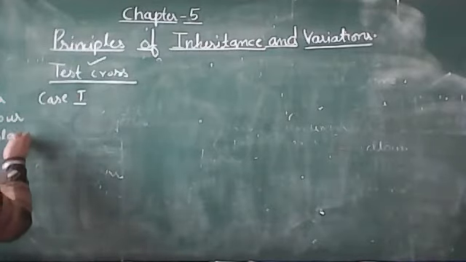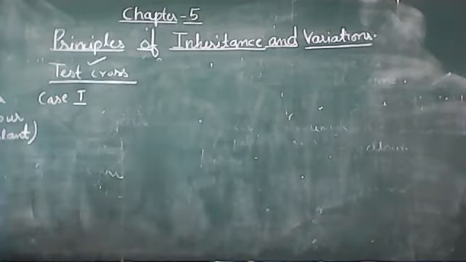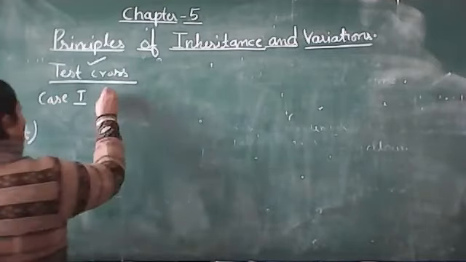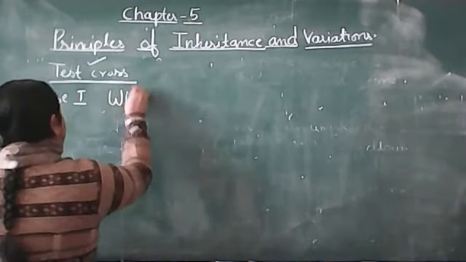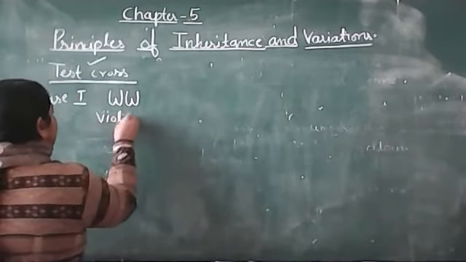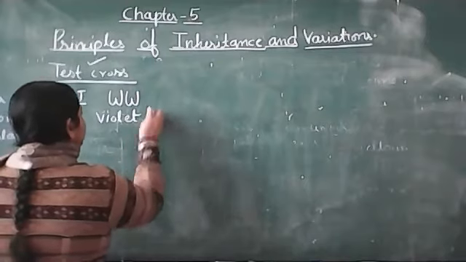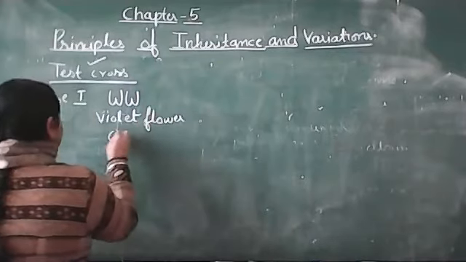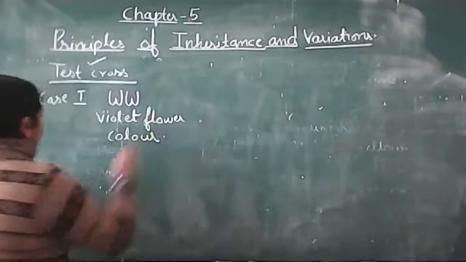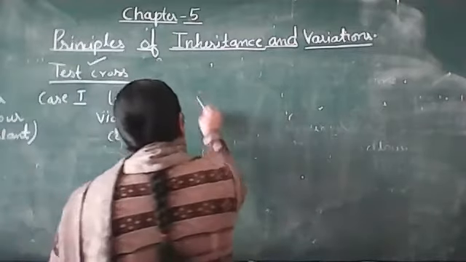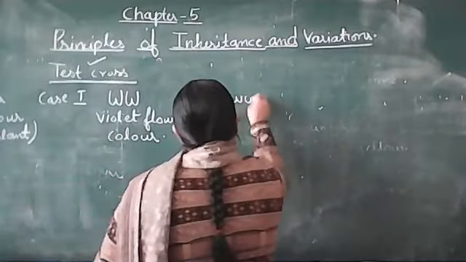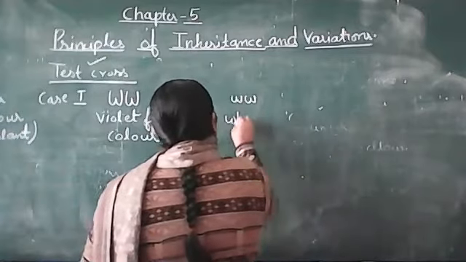As you know, two types of flowers are found in pea plant. One is the violet flower color, which is designated by capital W. And we do its crossing with small w, which is white flower.